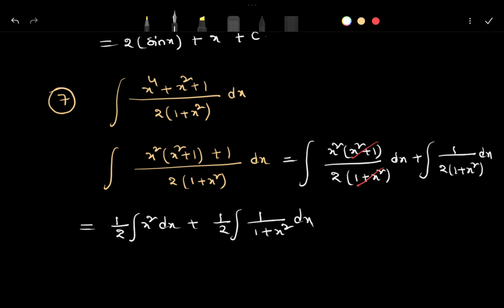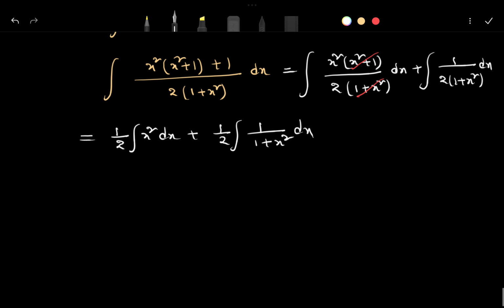You know the integration of x to the power of n, as I said in the above formula, is x to the power of n plus 1 by n plus 1. So 1 by 2 into the integration of x square will be x cube by 3, plus 1 by 2 into integration of 1 by 1 plus x square, which is what?